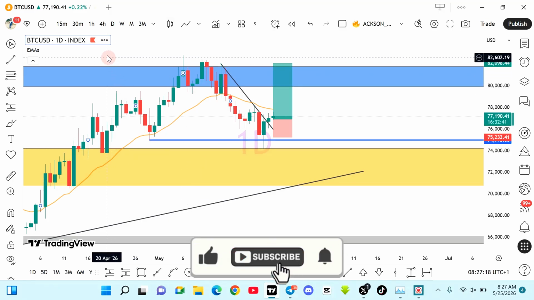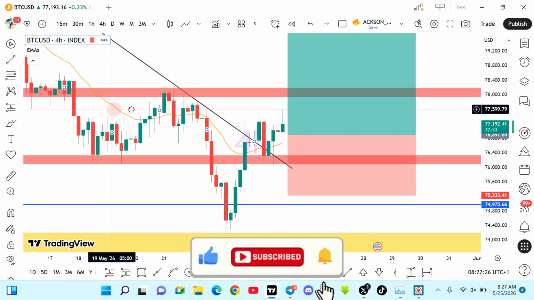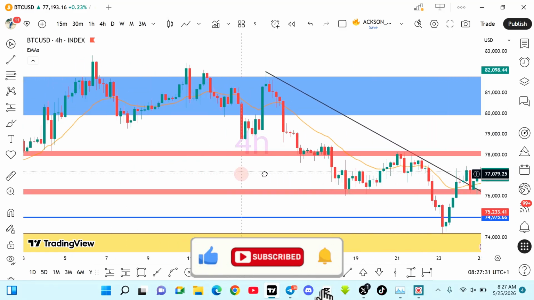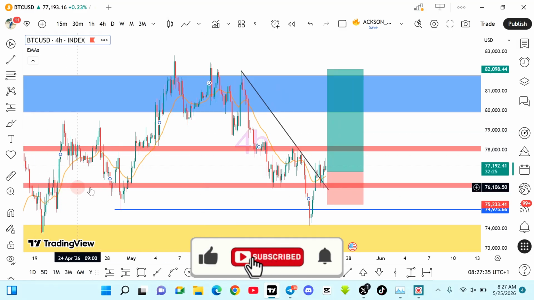Ideally, we are still maintaining a bullish structure. So because of that, I need to go to the final time frame, which is the 4-hour time frame, to see what the market is currently doing here in order for me to see how I can take the trade. So now coming to the 4-hour time frame, I can see my 4-hour levels here. The market broke into the 4-hour levels with a daily engulfing candle.